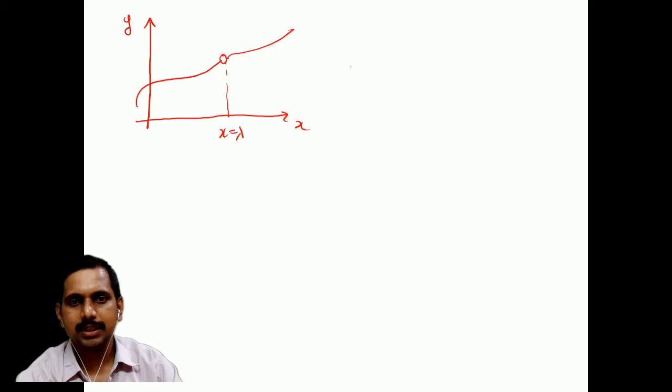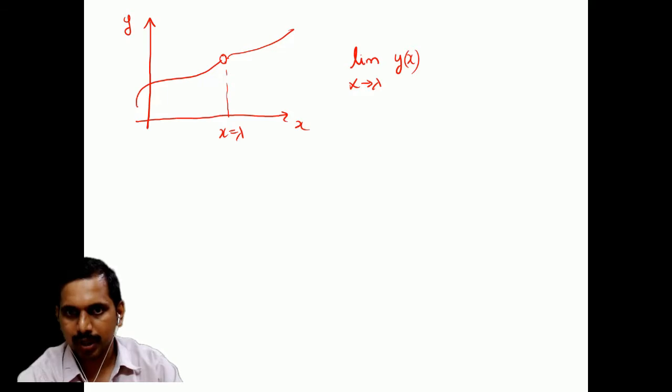So what is a limit? When you say limit, x tending to lambda, of y of x, what would be the value of y? Or I'll say function of x, limit of function of x is y.